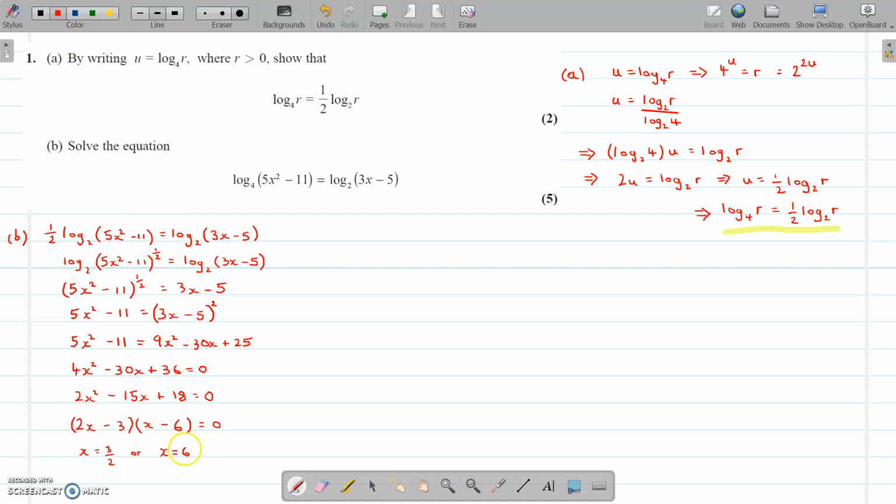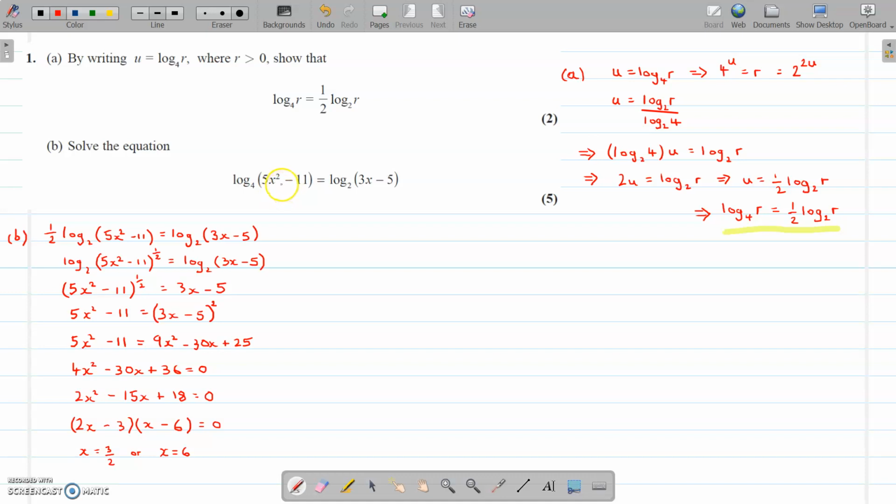Okay, now I need to look carefully now at the two solutions I've just arrived at, because it may be that they can't be used in the original expressions. Okay, because the log value can't be a negative number or 0. So I just need to establish if that's the case.